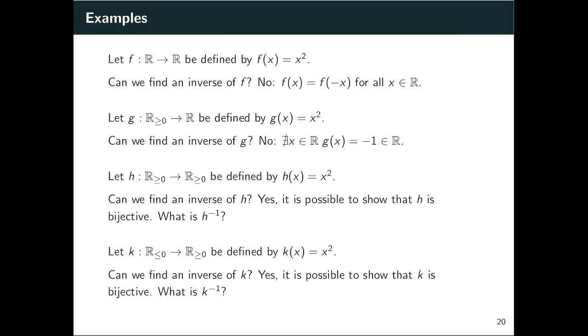And similarly, it's bijective, so therefore you can invert it. But I guess the lesson is, because I've restricted this domain in a different way, the inverse function is actually going to be slightly different. So the inverse function, k^-1(x), should be the negative of the square root of x as a function.